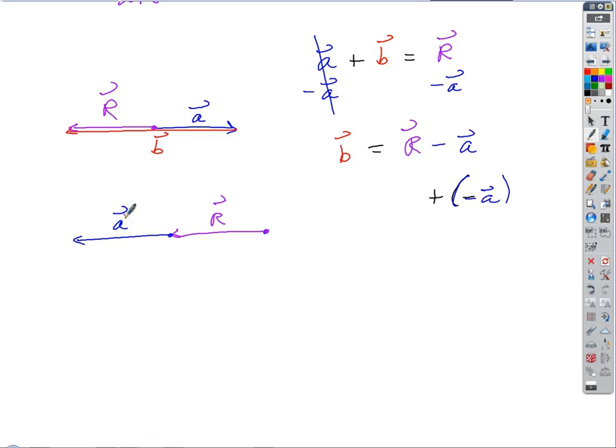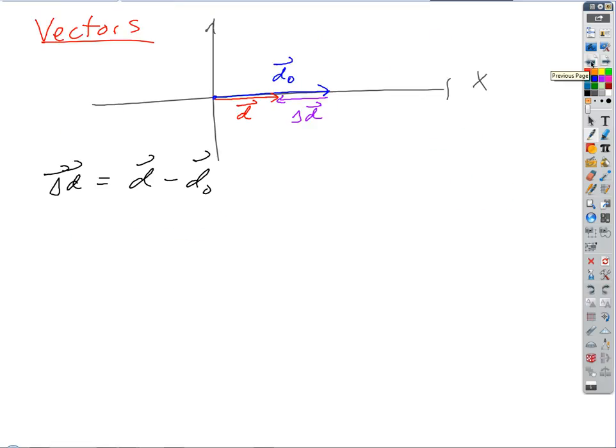Okay, so now let's go back a slide and let's look at this guy. So let's see if we can make this work then. Our definition is displacement equals final position minus initial position. So that works, doesn't it? Right? That works because we could say my final position is the red vector, right? Does that make sense?